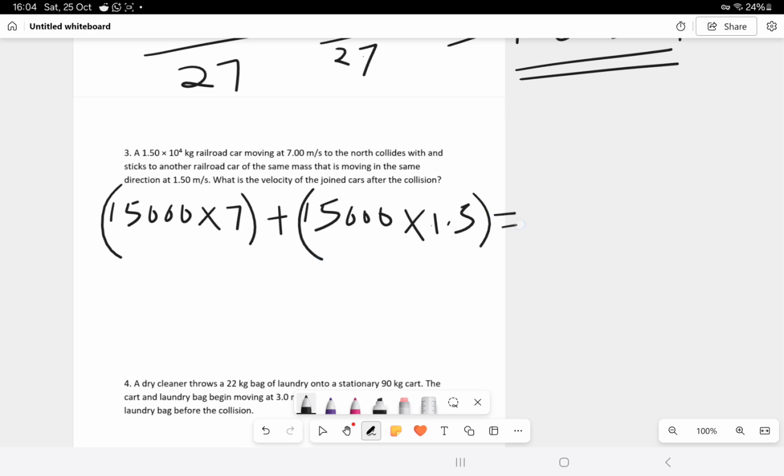And this should give us M1 plus M2, which is 30,000, multiplied by VC.